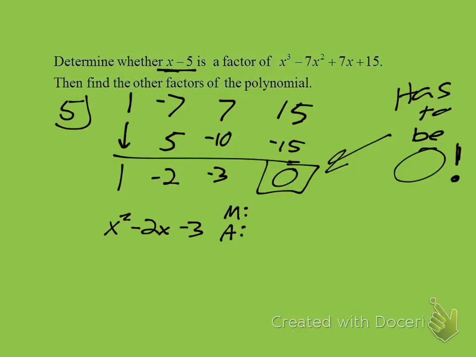The other one is your add number. Your multiplied number in this case is negative 3. Your add number in this case is negative 2. So to do these, you need two numbers that multiply to negative 3, add to negative 2. And those two numbers are negative 3, positive 1.